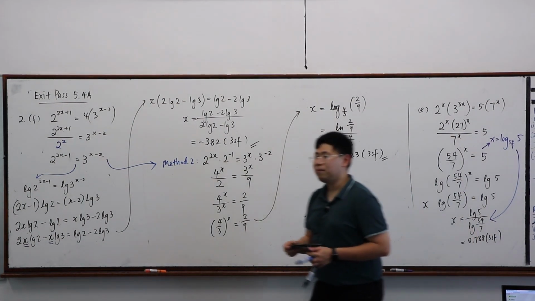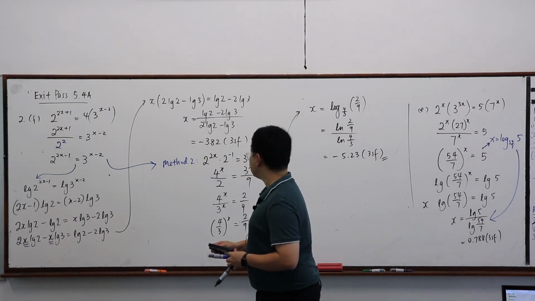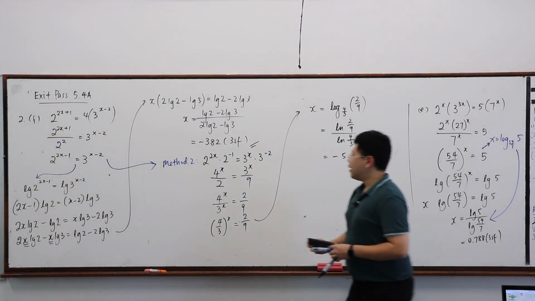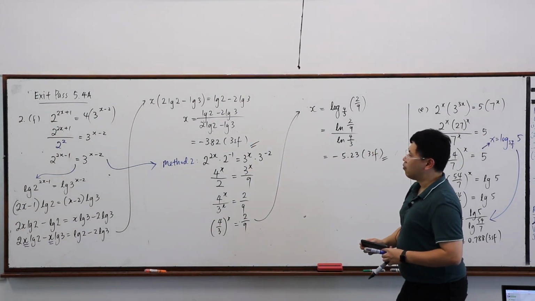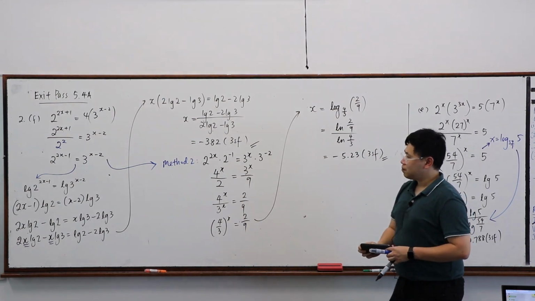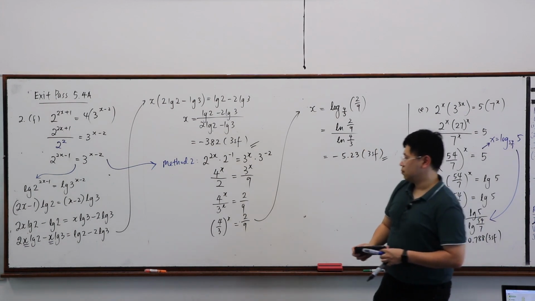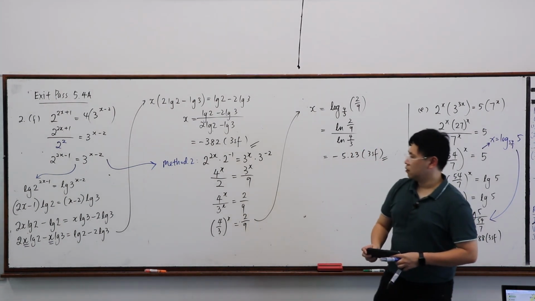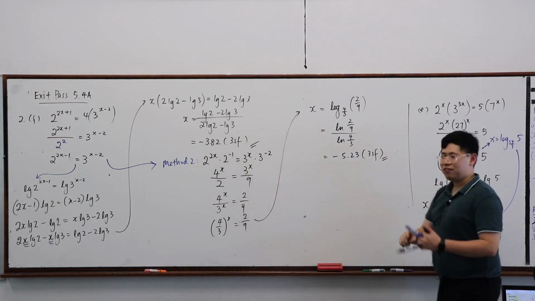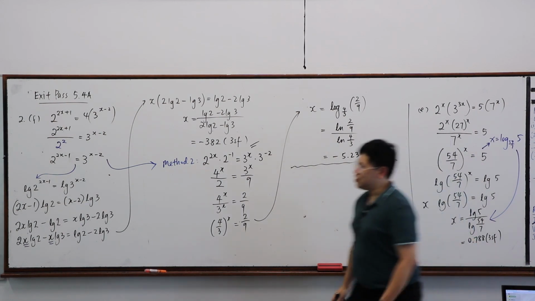Where got error? Somewhere got error. It's either that or I copied the wrong question. Okay, I'll fix this at home. We just live with this uncertainty first, okay? So this is 2F.